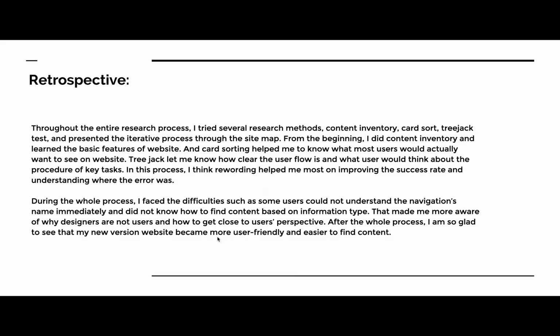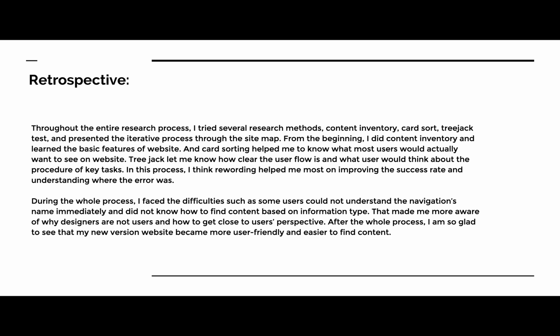Throughout the entire research process, I tried several research methods, and I learned a lot about how to conduct card sorting tests and TreeJack tests, and how to make interactive designs on a sitemap. From the beginning, I did a content inventory and learned the basic features of this website. Card sorting helped me know more about what users actually want to see on the website and how they categorize the content.